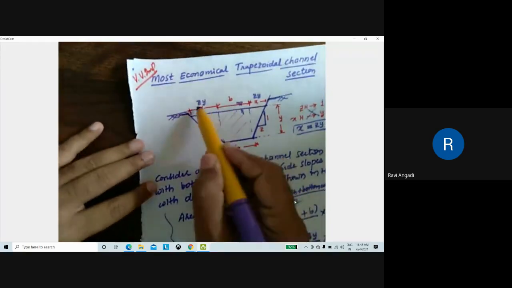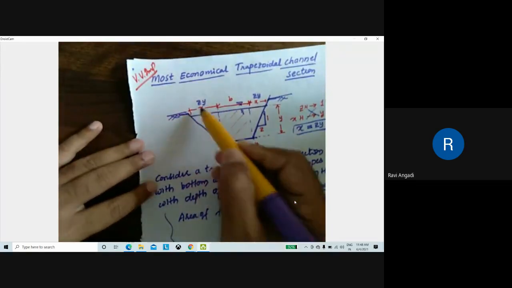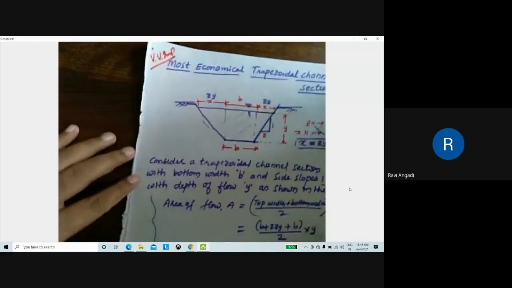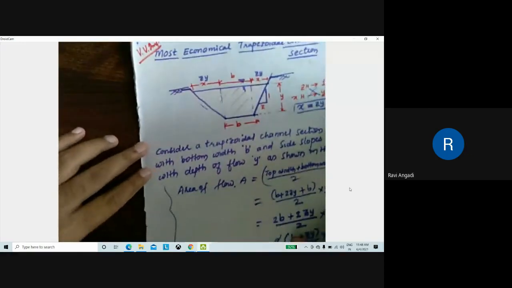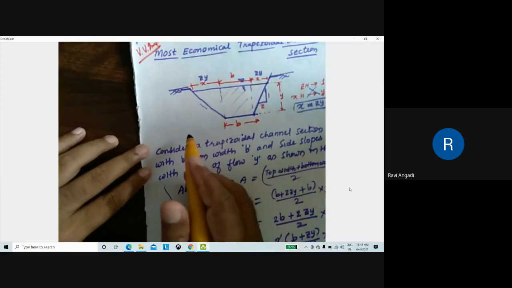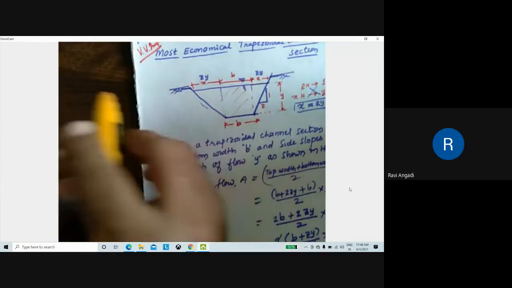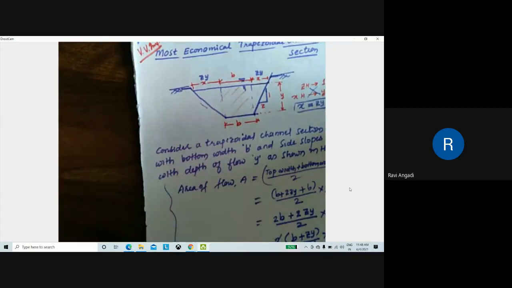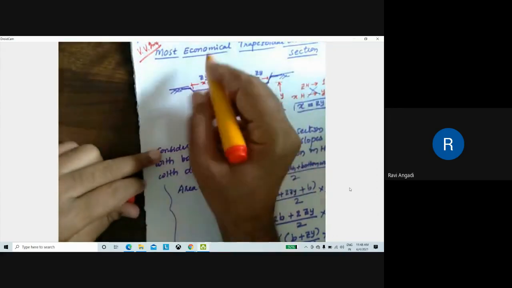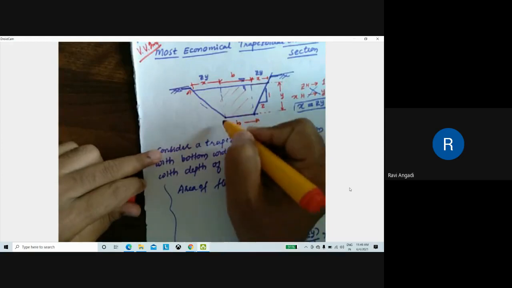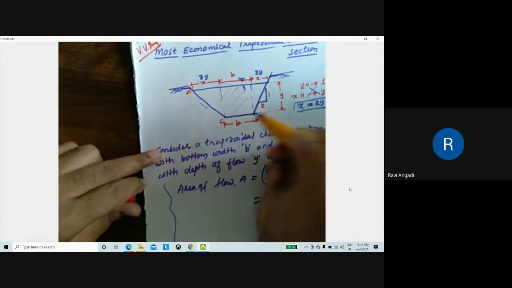This side is ZY, and what is this side? How will you get this one? Pythagoras theorem, yes. So what I'll do here, I'll mark this as A, and one more, you can take it as C here.